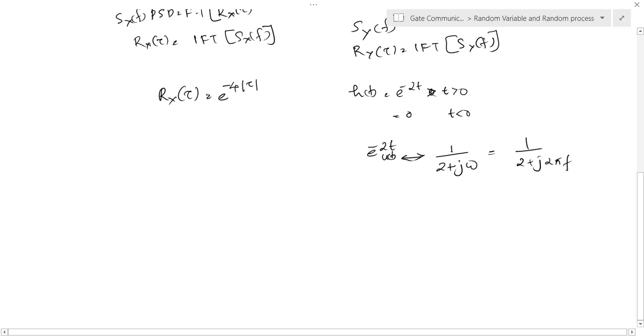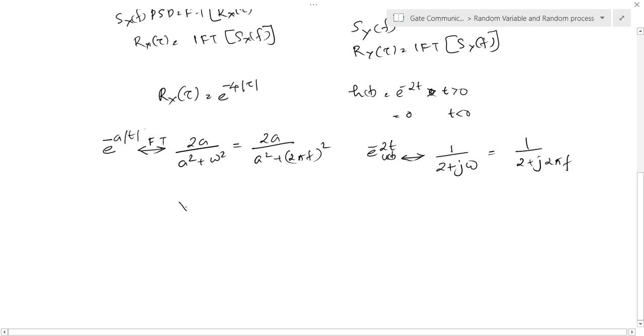For Rx of tau, either you can use the standard result for e raised to minus a modulus of t, that is 2a by a square plus omega square, or in terms of f, 2a by a square plus 2 pi f the whole square. Otherwise, you can calculate the Fourier transform directly.